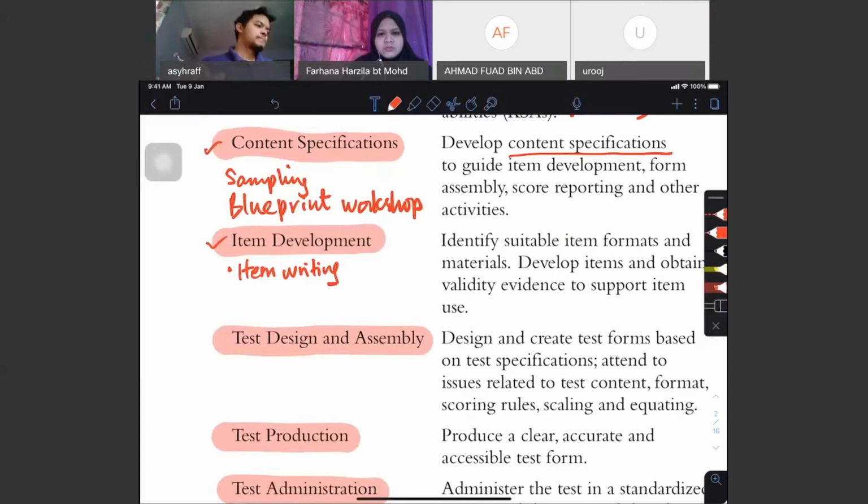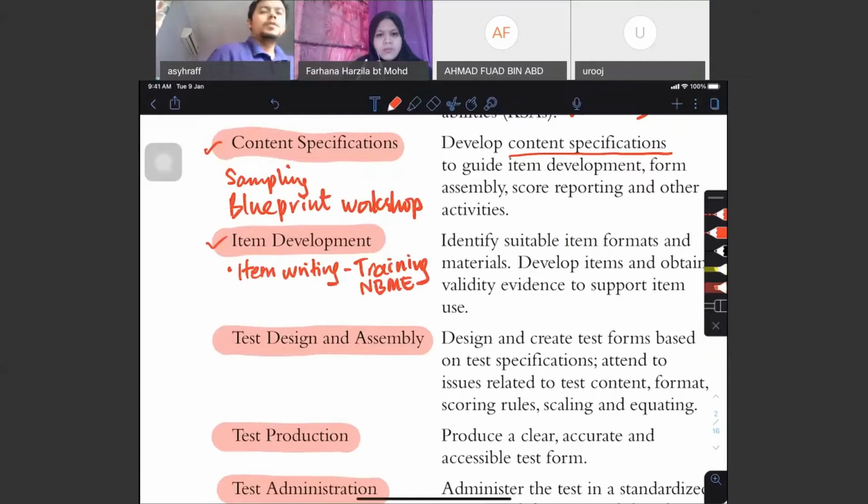So for item writing, the issue is training: training lecturers to write proper MCQs, proper essays, following established guidelines. Guidelines are available. If you just search the internet, you will find item writing guidelines. For example, a good one for single best answers is from the National Board of Medical Examiners, the US one, now in its third edition, I think.